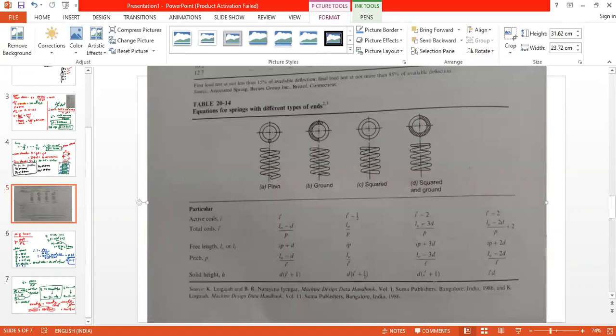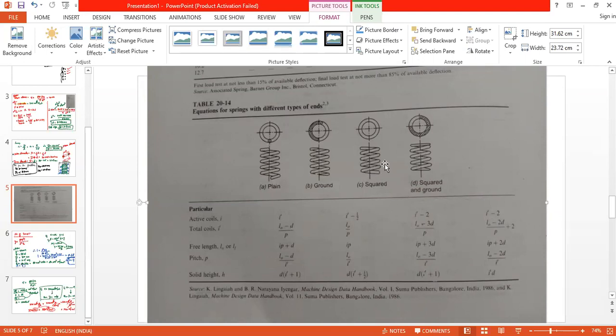Please listen here. Active coils I is equal to I dash minus 2. So the meaning is, if you consider squared end condition or squared and ground end condition or plain, you need to choose any one of these because in the question it is not given.